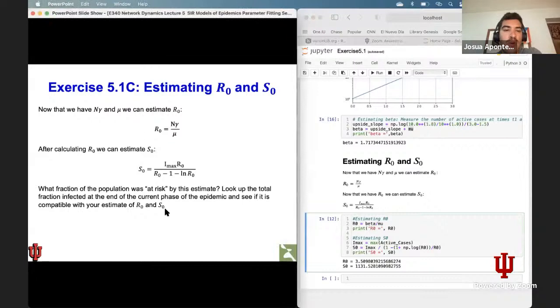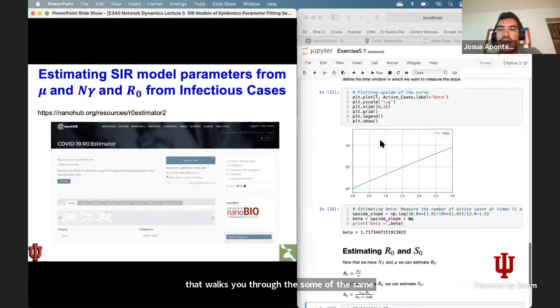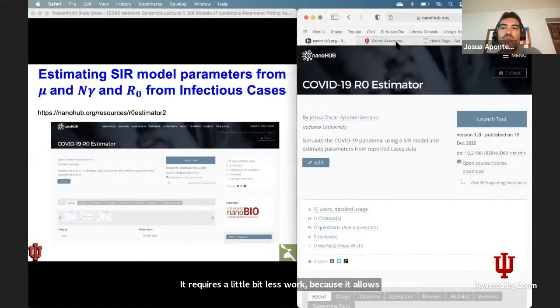Okay. So I just wanted to show you that we've developed a tool that walks you through these same ideas. It requires a little bit less work because everything users have to do is choose the time points where the different parts of the curve look linear, either at the trailing end or at the beginning.